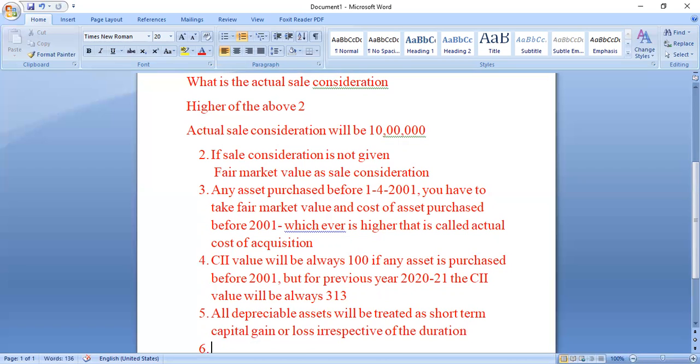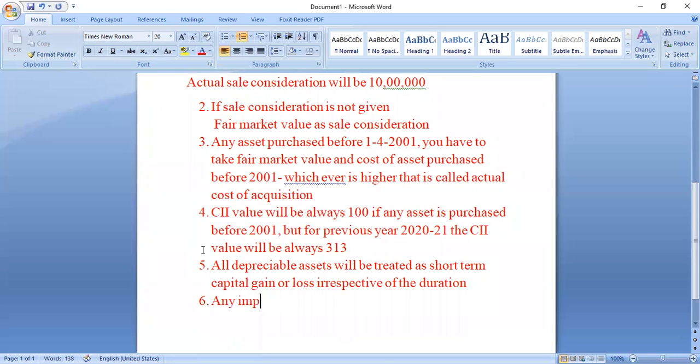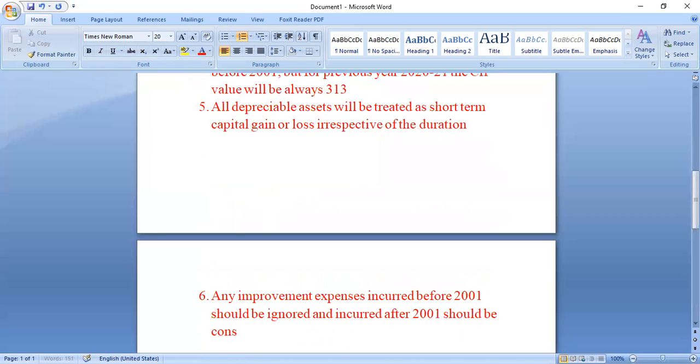The sixth point, any improvement expenses incurred before 2001 should be ignored, and those incurred after 2001 should be considered.